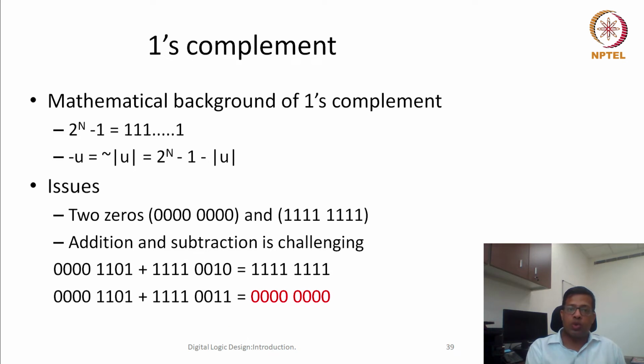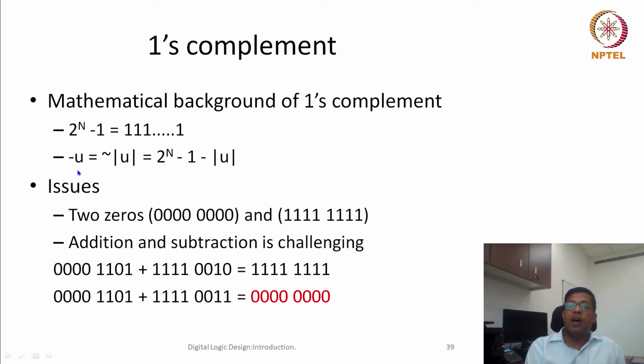Before that, let's also see the mathematical background. When I am flipping all the bits, it is also equivalent to subtraction from 2 to the power n minus 1. Let's say the case is an 8-bit number. For an 8-bit number, 2 to the power n will be 256. 256 minus 1 would be 255, so that means all ones.